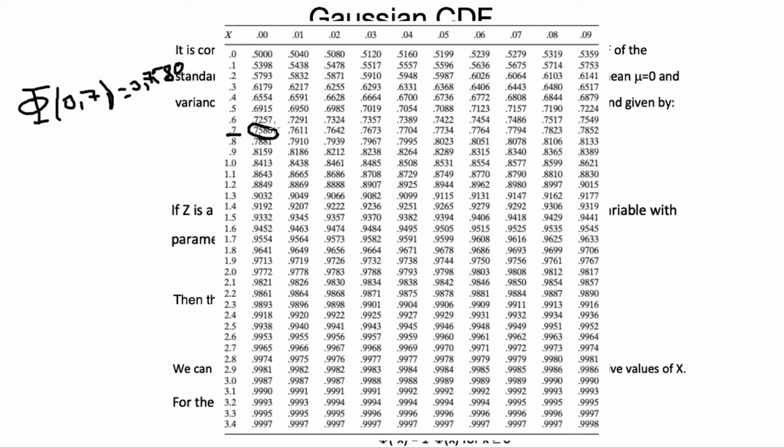If, for example, we want the value of phi of 1.43, we look here, 1.4 is here, and we look at the 3, which is the second number after the point, so it is 0.03 here, and we look at the corresponding entry here, and we get the value of phi, which is 0.9236.